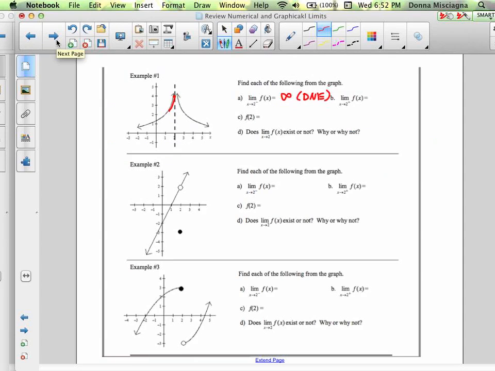And the limit of f of x as x approaches 2 from the right. So this is 2 from the left, and this is 2 from the right, is again infinity. And f of 2 technically does not exist as well, because you're not approaching a finite value. f of 2 does not exist.